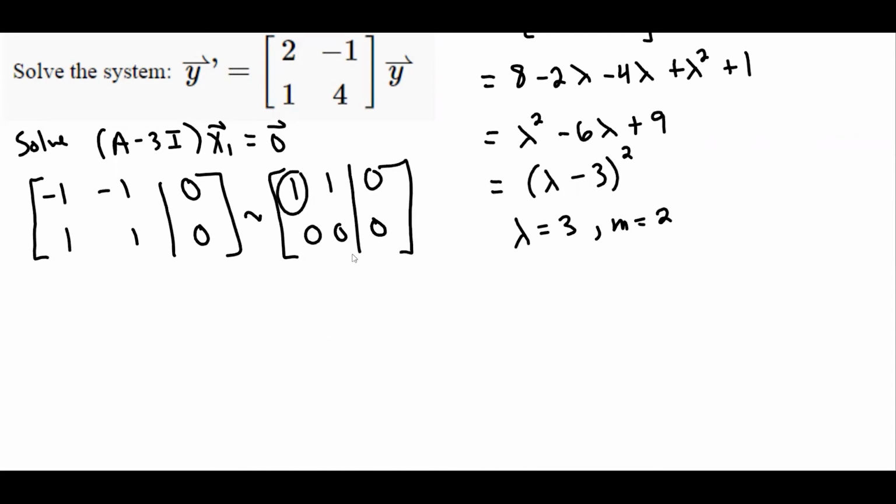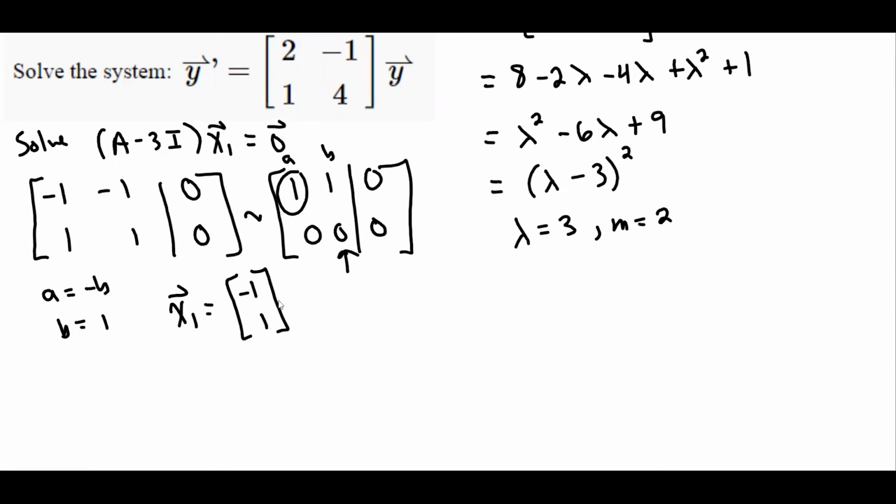So we have a leading 1, and this is a free variable. Let's call these A and B. So A is equal to negative B, B is free, so let's make B 1. So our eigenvector x1 is going to be negative 1, 1.